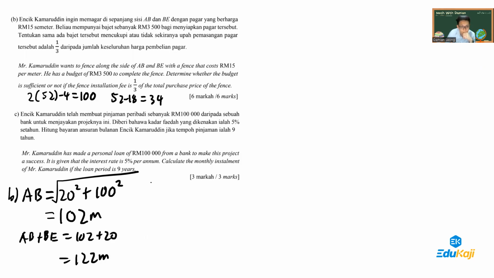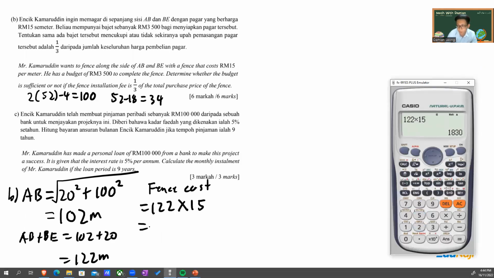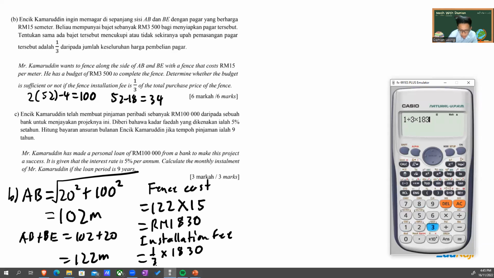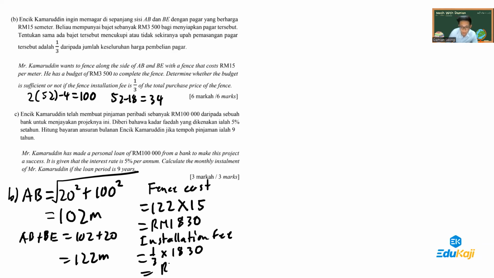So fence cost is 122 meters times 15 ringgit per meter. 1,830. Installation fee 1/3 of the costs. 1/3 times 1830, 610.